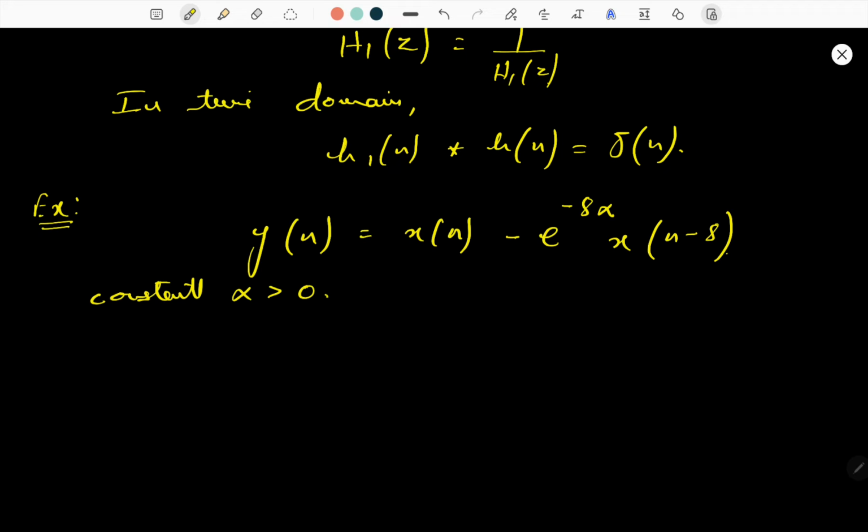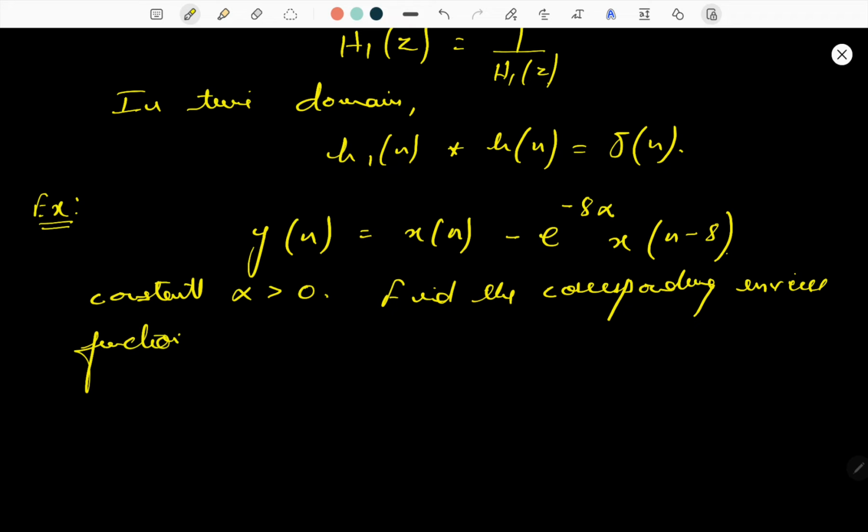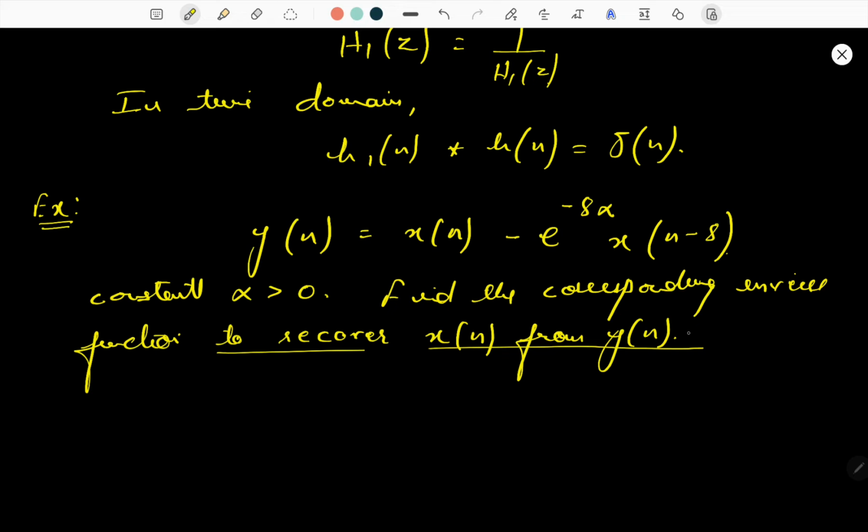What we need to do over here is find the corresponding inverse system function to recover x(n) from y(n).